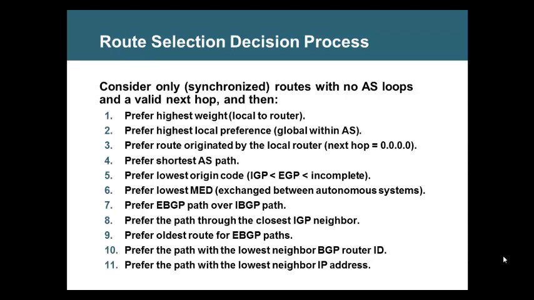But if the next hop is unreachable, tuning all these attributes is useless. Very first minimum attribute that needs to be valid is a reachable next hop.